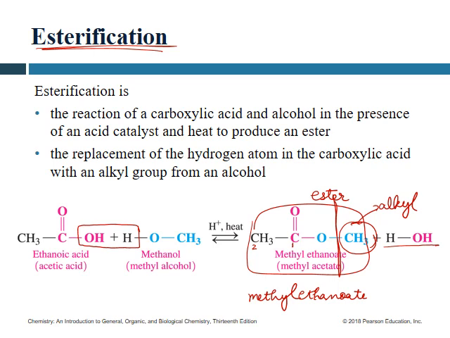So how would you name it? When you see this compound, first thing you recognize is this is an ester. How do you name ester? You break the compound right after the COO group. Everything after the COO group is alkyl. Everything that includes the COO group, that chain becomes your acid, the carboxylate ion.